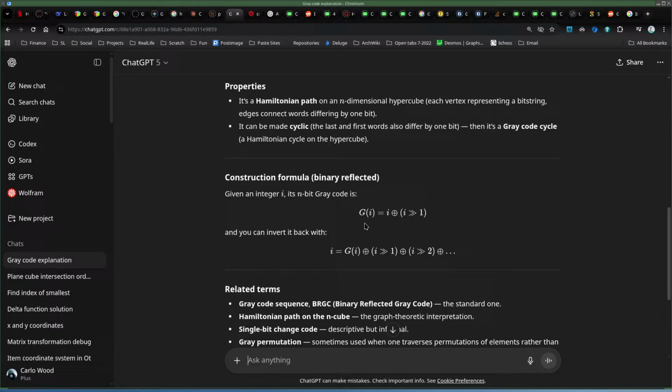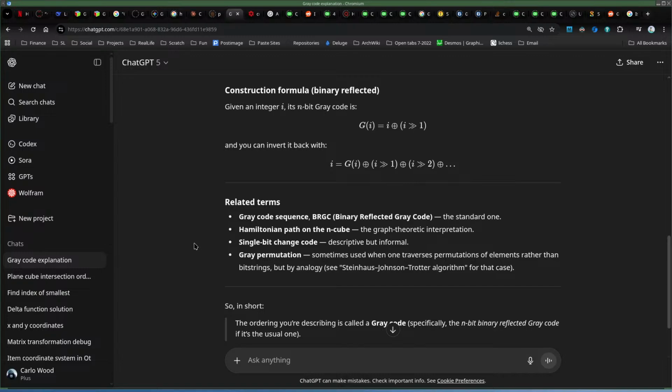So the G_i is i exclusive OR with i shifted one place to the right. The Hamiltonian path on the n-cube. Let's use this, but this is exactly what I want to do.